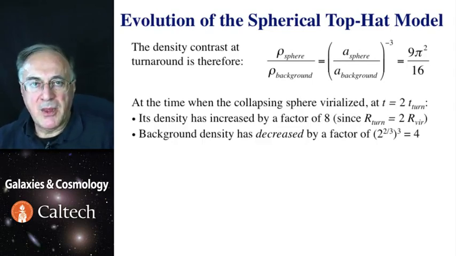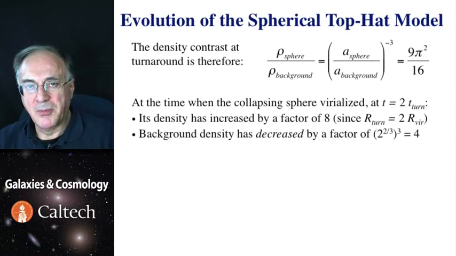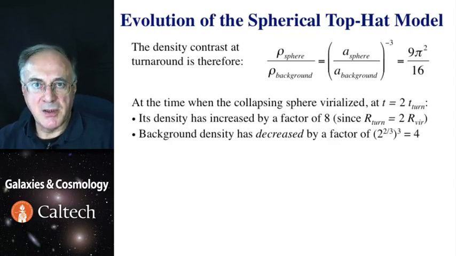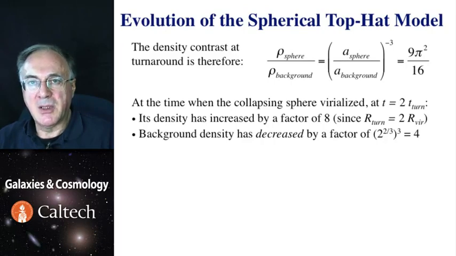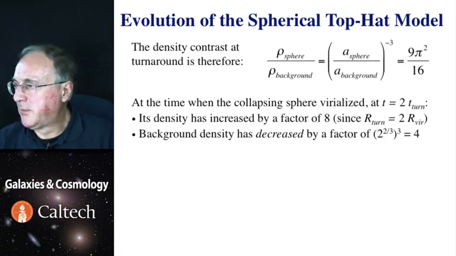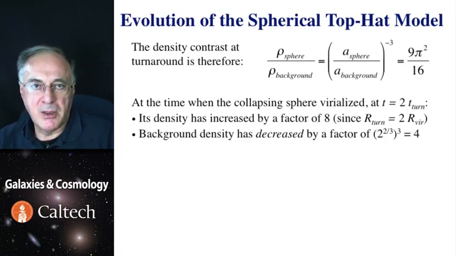But remember that by the time the universe collapses again to the virial equilibrium, its physical scale will go down by a factor of 2, and that means the density will go up by another factor of 8. In the meantime, the background will get further diluted by a factor of 2 to the 3rd power, the cube, and that means 4.